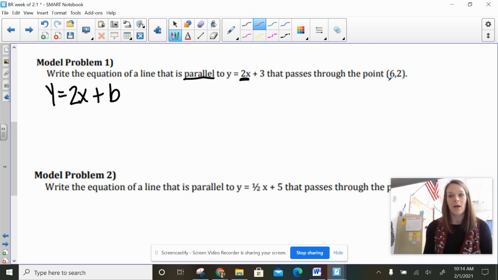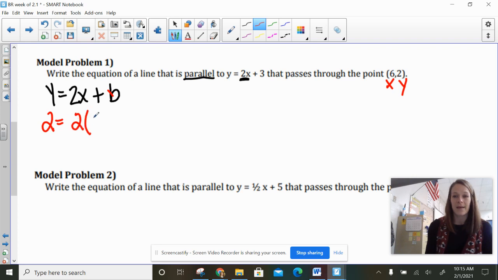I'm going to use this point as my x and my y. I'm going to keep the slope of 2 because it's parallel. I'm going to plug in x and y and solve for a new y-intercept. My y is 2, my x value is 6, plus b.